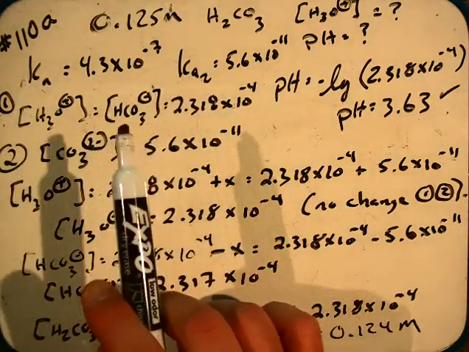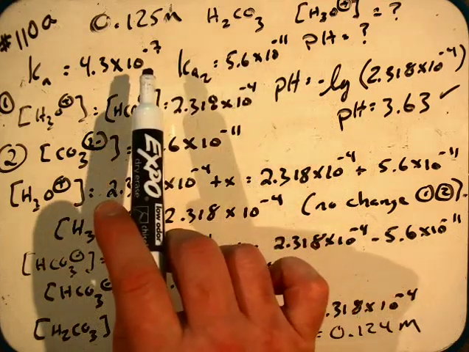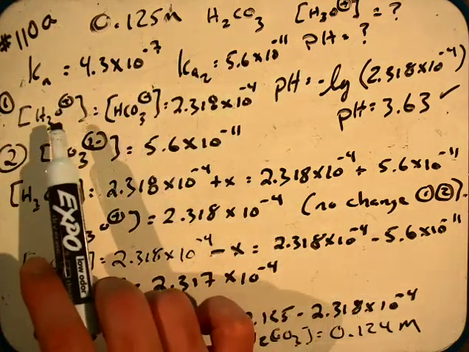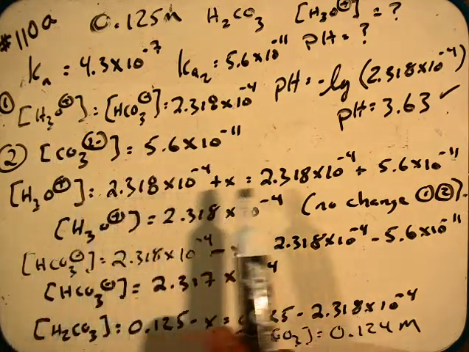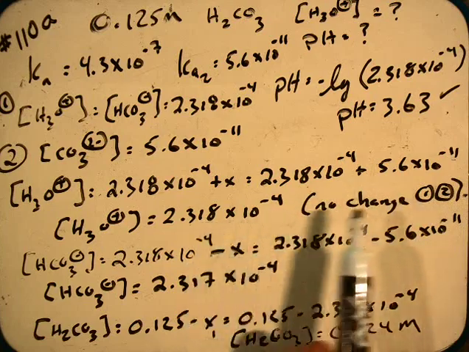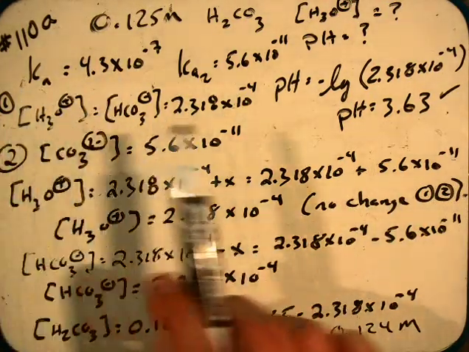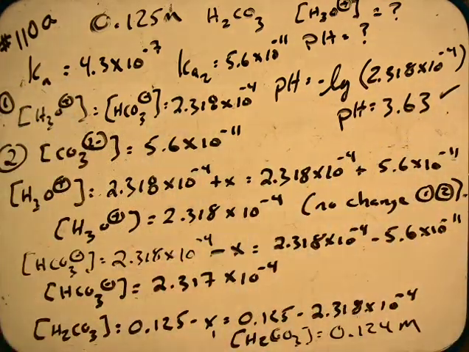If there is a drastic difference, like in this case, 10 to the 5th difference, that means you will not see any change in the amount of H3O+ you make from the first step to the amount you would make from the second step. No change. So that means we can just solve our H3O+ and our pH from the first Ka. That is number 110A from chapter 15.